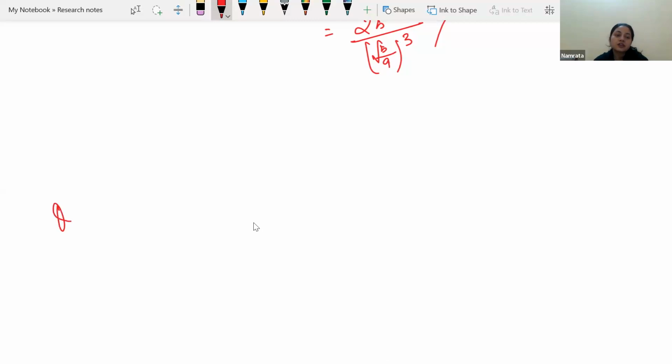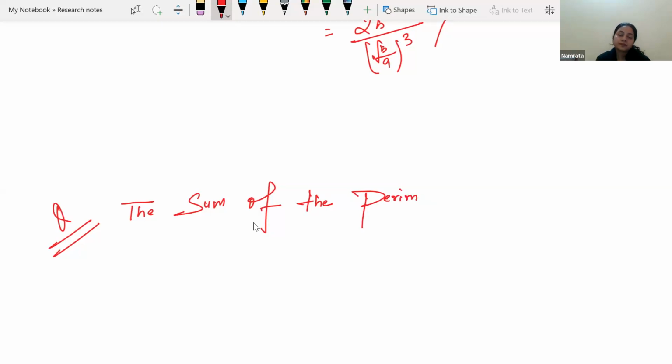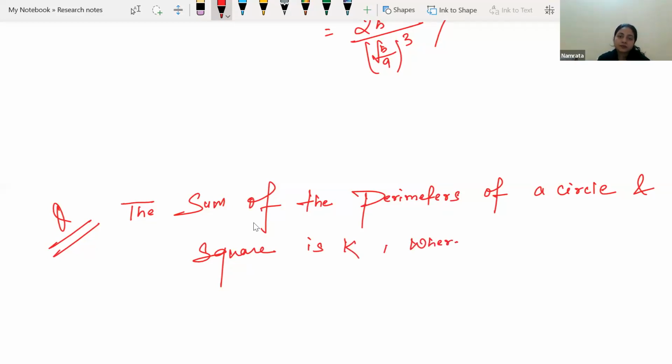I'm giving one question as homework, write it. The sum of the perimeters of a circle and a square is k, where k is some constant.